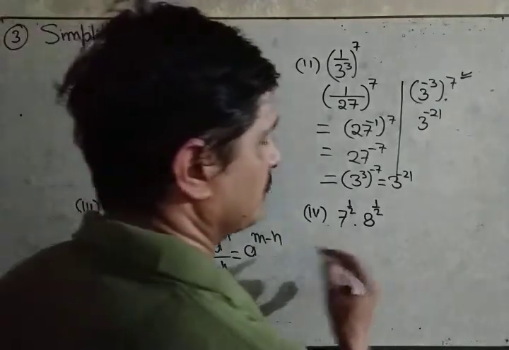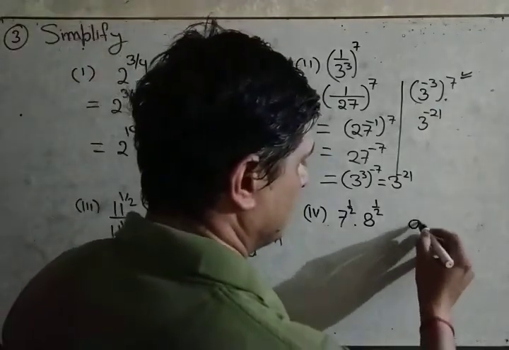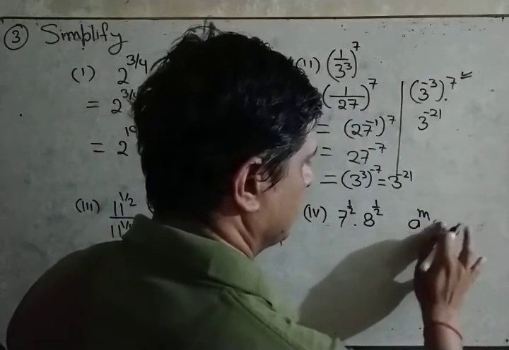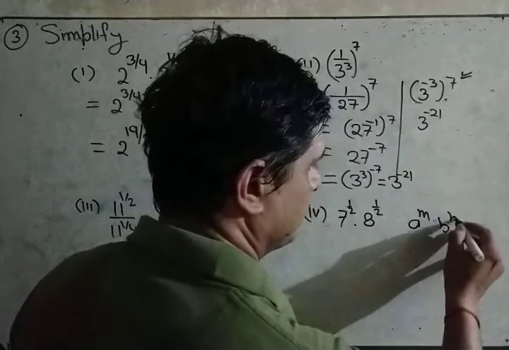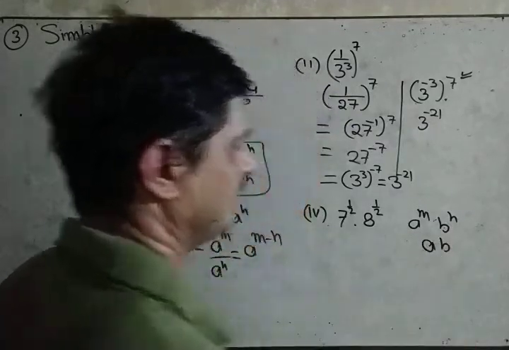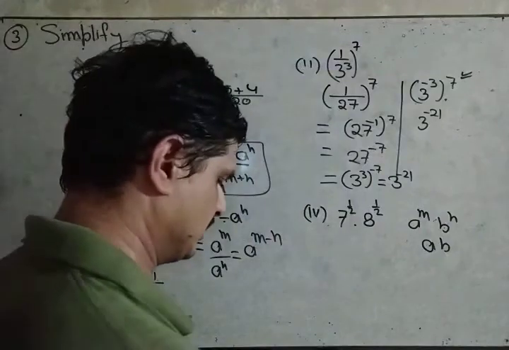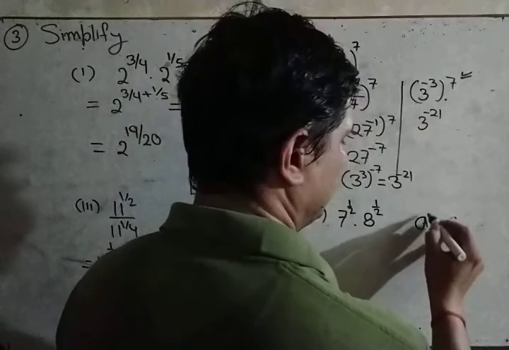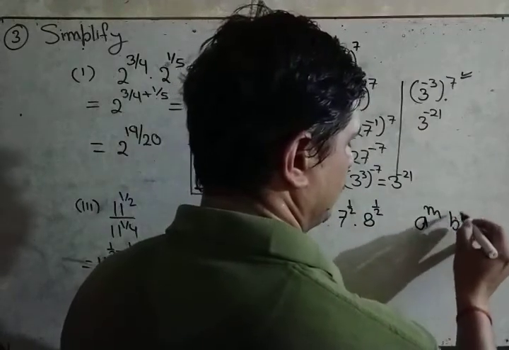Now for this, if a^m is multiplied by b^n, then sorry, this was not the rule. Power same, a^m or b^n.